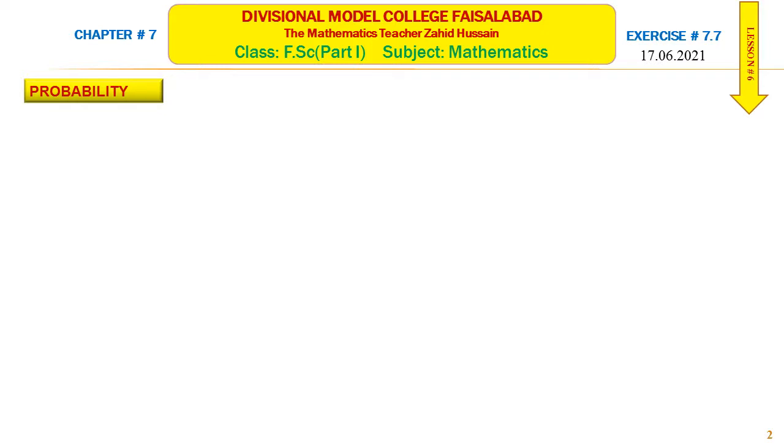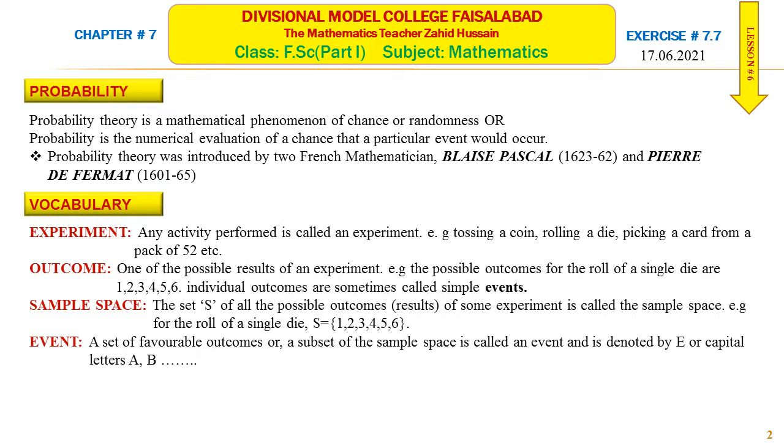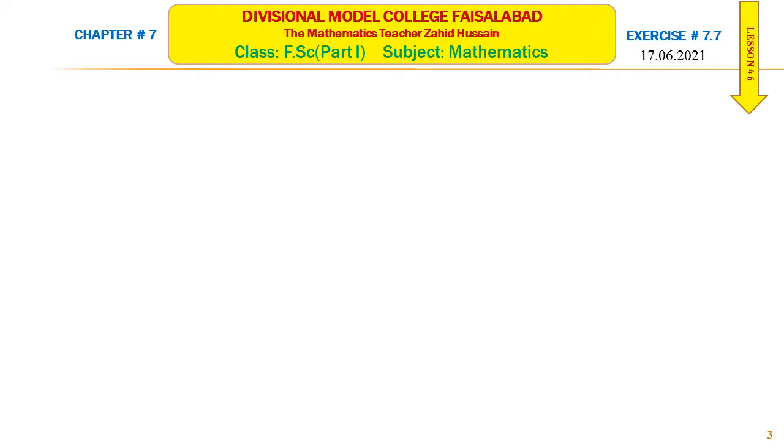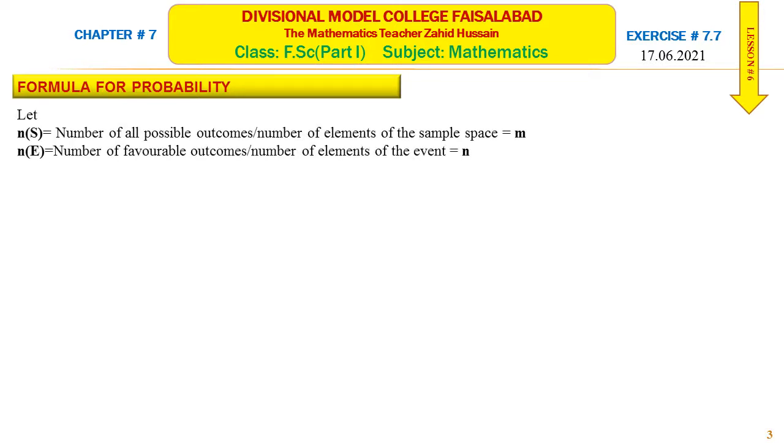This is what we have studied in the previous lesson: probability, its definition, and some vocabulary terms used in probability. And then we have studied the formula to find the probability of any event if we know the number of elements of the sample space and the number of elements of the event.